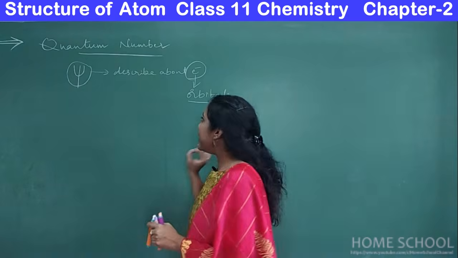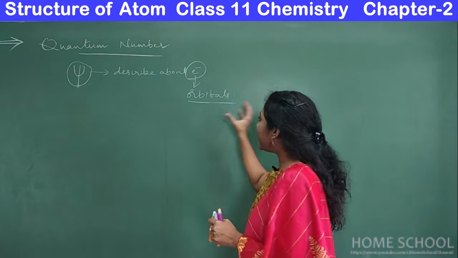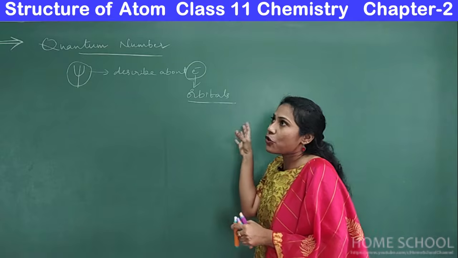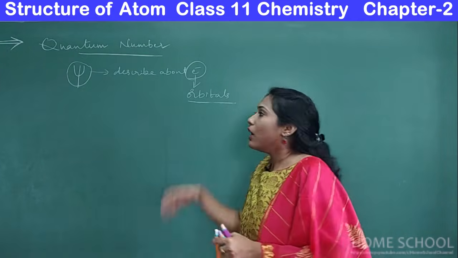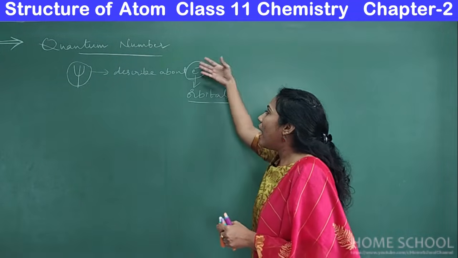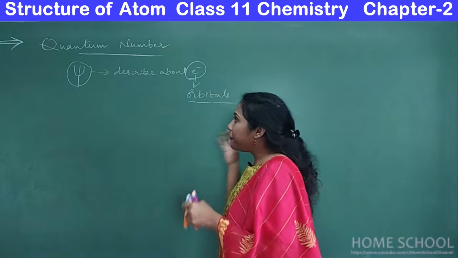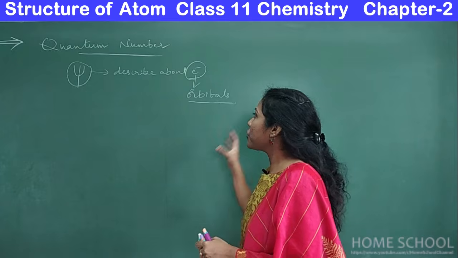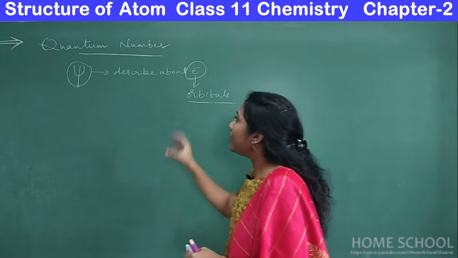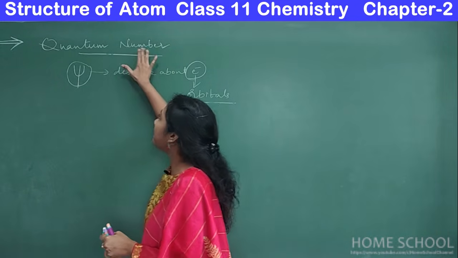So it is our duty to understand everything about the orbitals. We must know how many orbitals are there, what is the size of an orbital, how an electron can be located in an orbital. So every detailed piece of information is given by the so-called quantum numbers.